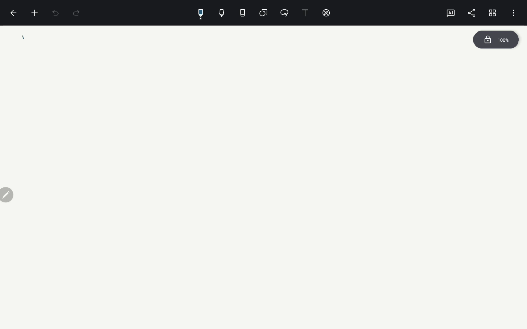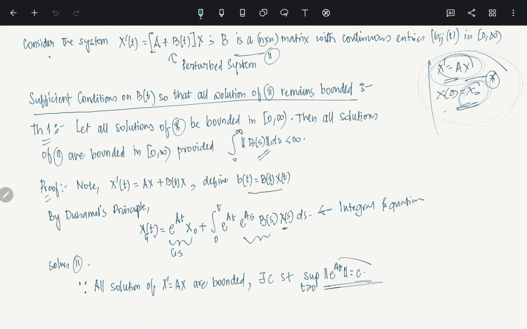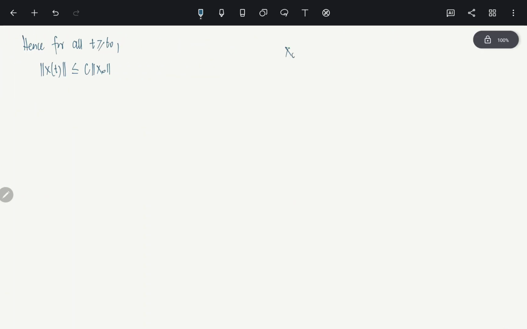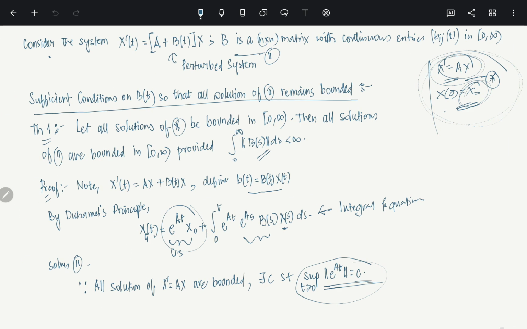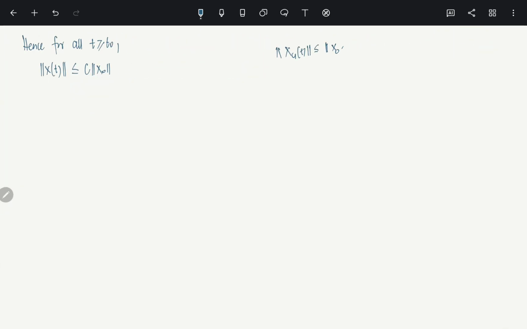Hence, for all t greater than or equal to t naught, we have the norm of x(t) is less than or equal to C times the norm of x naught. See, the supremum is C. So for this particular term x_g(t), if you take the norm, it will be dominated by the norm of e to the power At times x naught, plus the norm of the integral term, right?